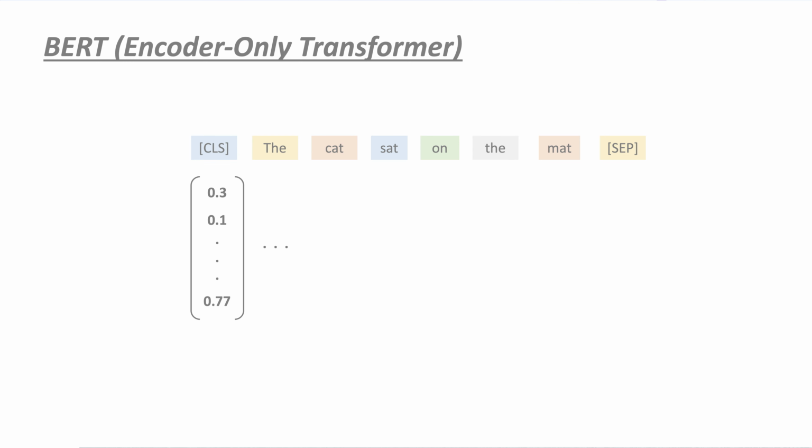And after all encoder layers, the hidden state of the classification token, so essentially the word embedding vector, is used as the final representation of the entire sequence. This vector representation of the classification token can be passed into the fully connected neural network, and this is how we will achieve sentiment analysis or text classification.